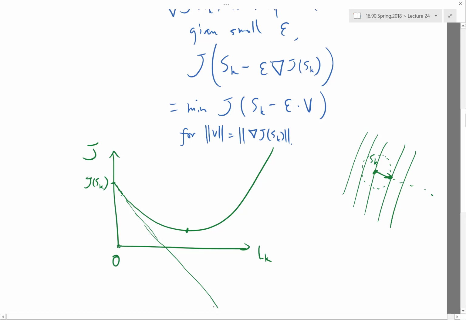Yes? Can you reiterate why it flattens out and then increases? Oh, so why does it always flatten out and increase? Well, it's actually not always the case. It ultimately is going to flatten out, because if it doesn't flatten out, then the objective function does not have a minimum. It's just going to keep going. And if it doesn't increase, then basically you want to take as large a step as you can.